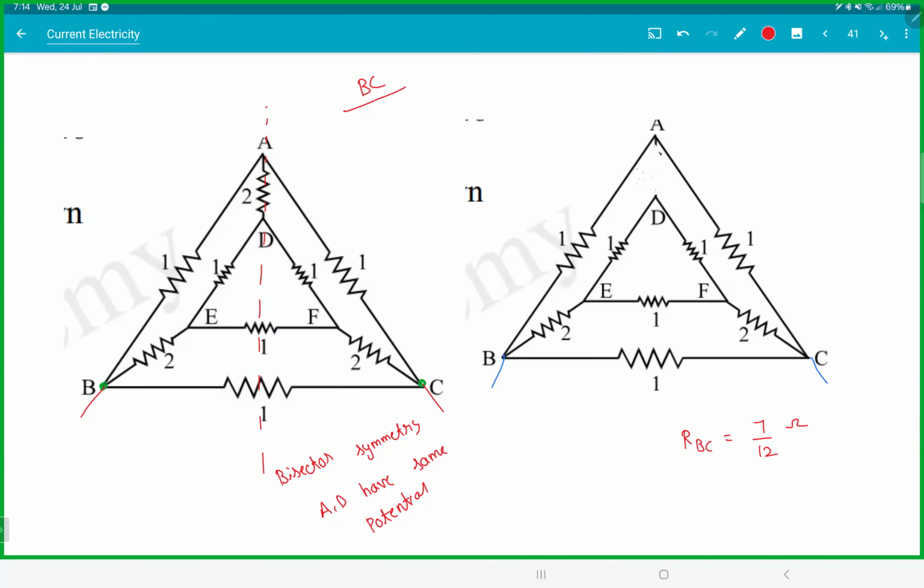You can see that just removing that one resistor will make the whole circuit into series parallel. Do have a look at this. Ask me if you're still confused.